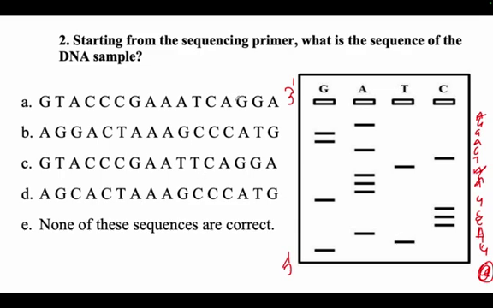Of these two options, GTACCC seems to be true for both, GAAA, GAAA, TCAGGA. This seems to match the sequence that we've got from here. So this is the correct option.